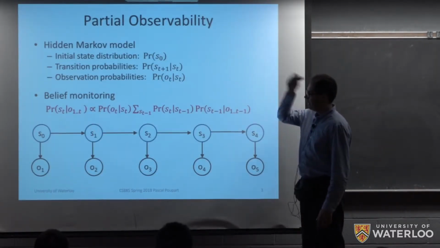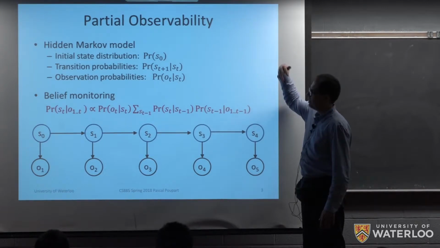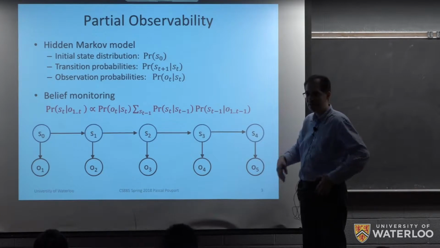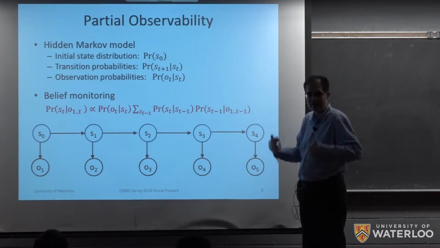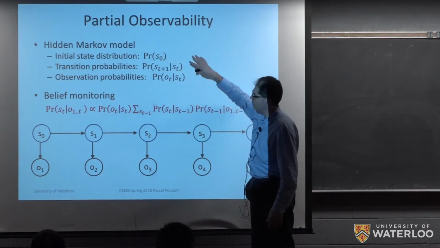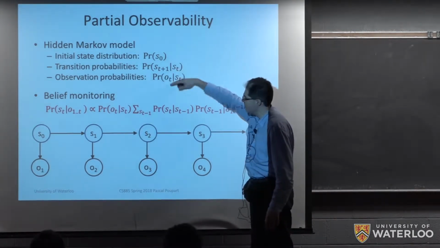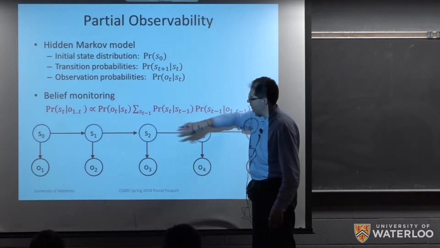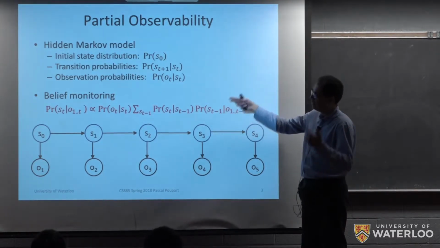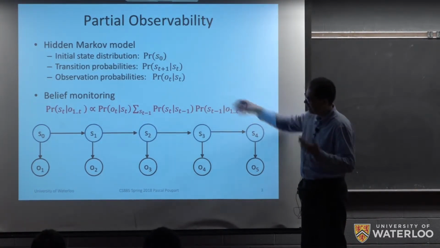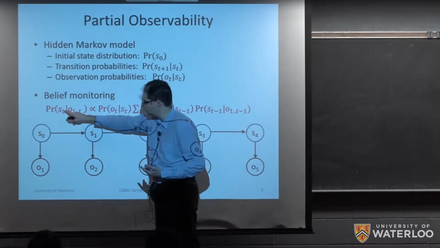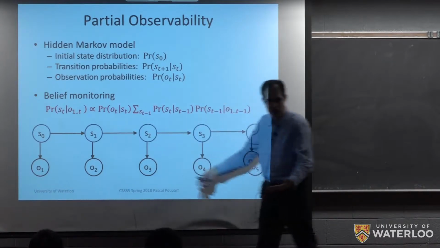Okay, so again, as a quick recap, when it comes to partial observability, from a theoretical perspective, one way of modeling it is through a hidden Markov model. Our hidden Markov model has these parameters, and graphically it looks like this. The key is that we can use it to compute a belief at every time step, which is essentially a distribution over the current state given the observations up until now.